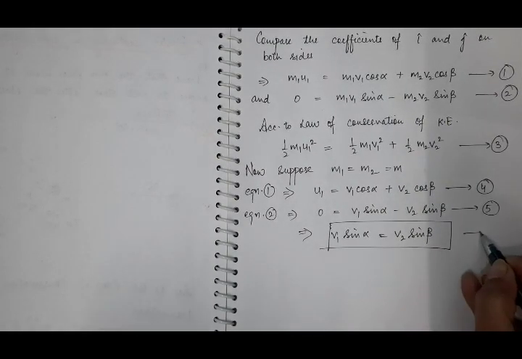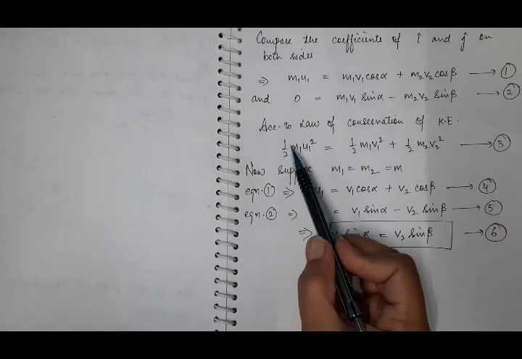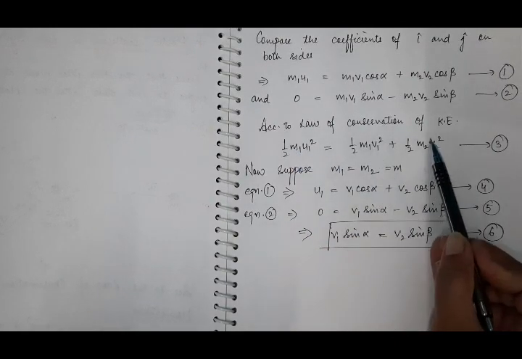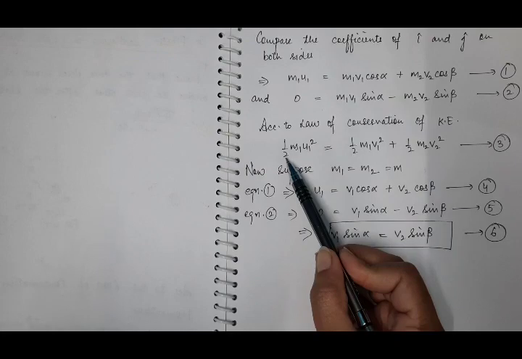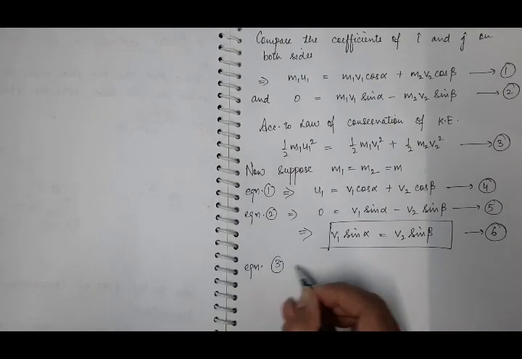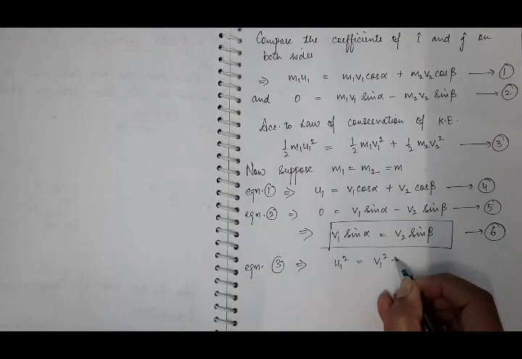Suppose this is our equation 6. And if we put m1 equal to m, m on both sides will cancel out, and half on both sides will cancel out. From equation 3, we have u1 square equals v1 square plus v2 square.